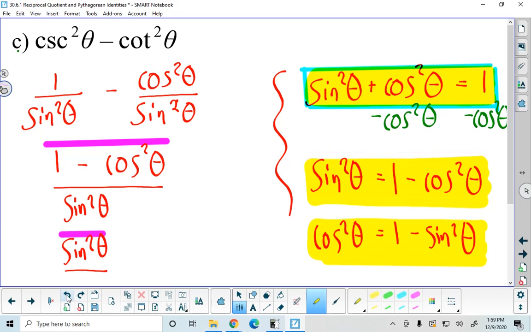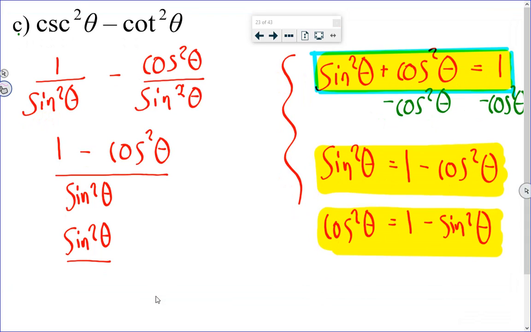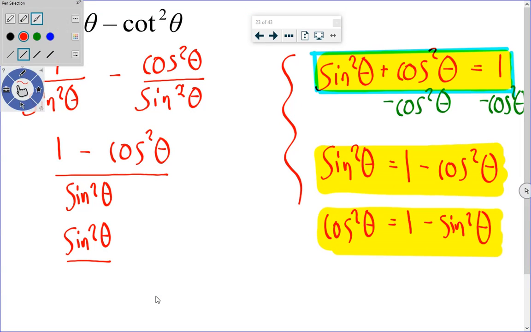What we're left with is sine squared on the top and sine squared on the bottom, which means we're left with 1. At the very end, it's okay to go left to right, I think. Any questions with that example?